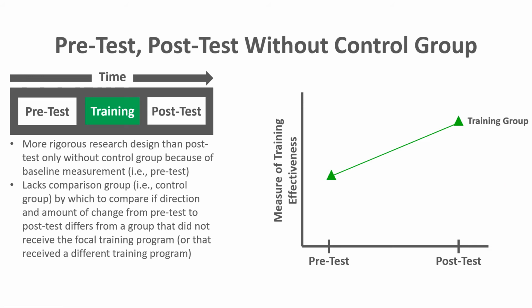That's one of the major limitations of a pre-test, post-test without control group design. You don't have a group that did not participate in the training program with which to compare those people who did participate in the focal training program.